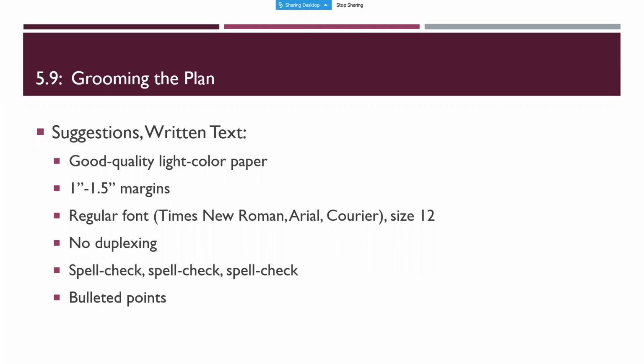Knowing the difference between there and their. Also, that's where spell check will help you, spelling and grammar check. So, bulleted points are good to use too. You tend to not get as wordy when you're dealing with a bulleted list than in a narrative form.